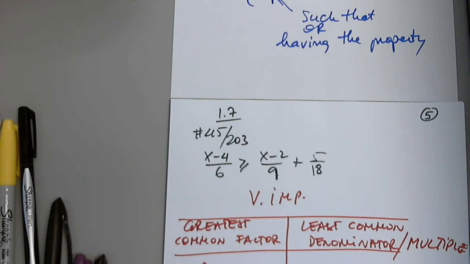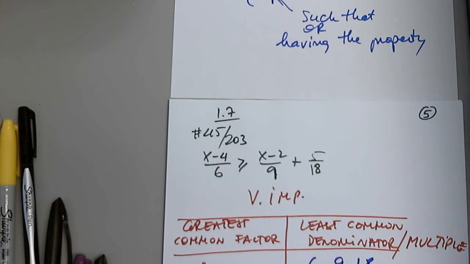So if I say 3, I cannot divide by 6 and get a number. 3, I cannot divide by 9 and get a number. I need the smallest number that is divisible by 6, divisible by 9, and divisible by 18, so I can get the adjustments for the top. So 6, 9, and 18.